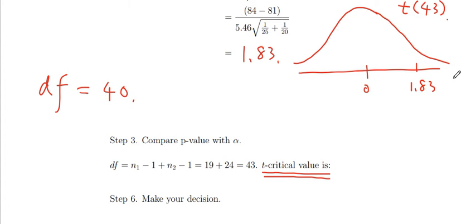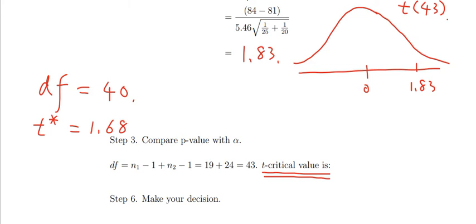Okay, 40. 1.68. Okay, so we find that t star equals 1.68. So for degree of freedom 40 and alpha 0.05, we can find this t star is 1.68.